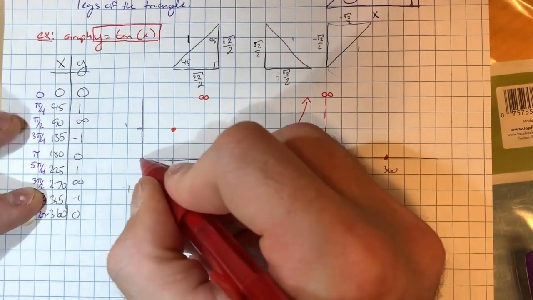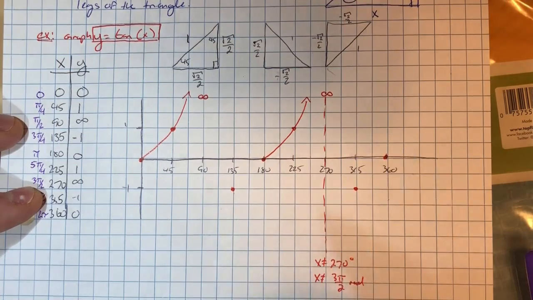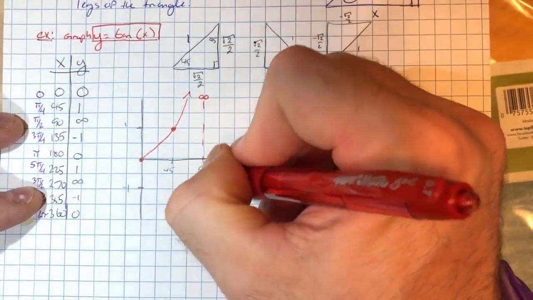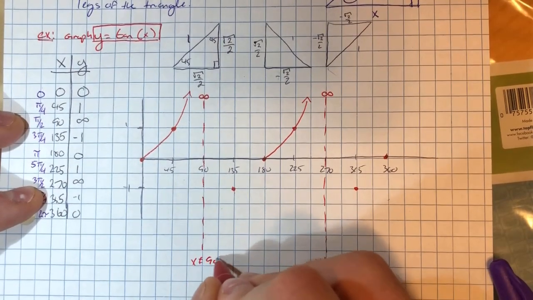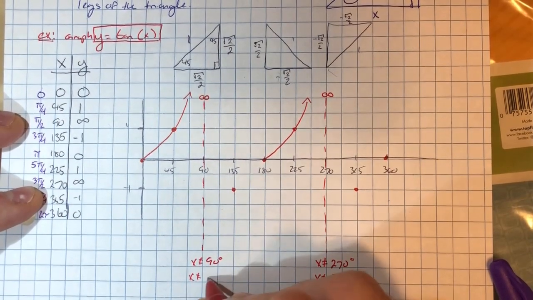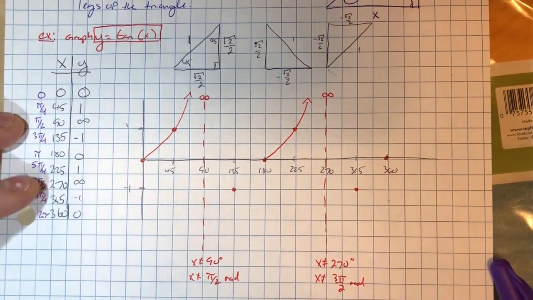Same thing right here. It's going to curve up. We're going to add an inflection so that we're actually approaching generalized infinity. And we know that right here, x can't equal 90 degrees, or if that was in radians, that would be pi over 2 radians.